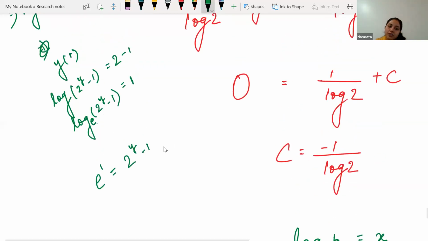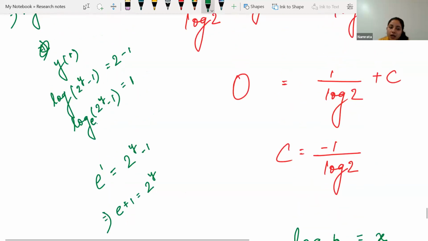The base can be natural log e or the base can be 10, whatever we are taking. So here we can write e plus 1 is equals to 2 to the power y.